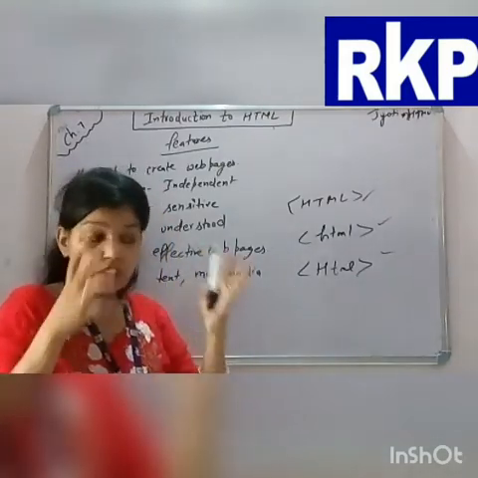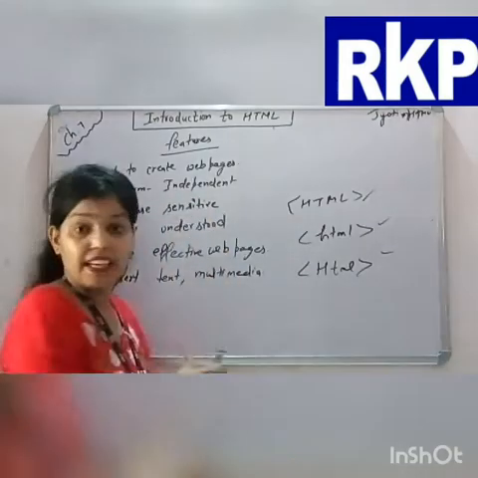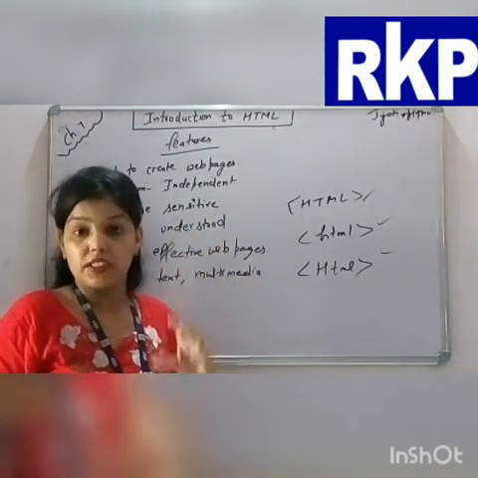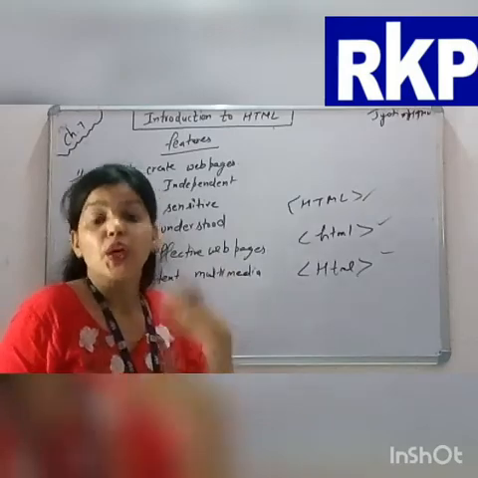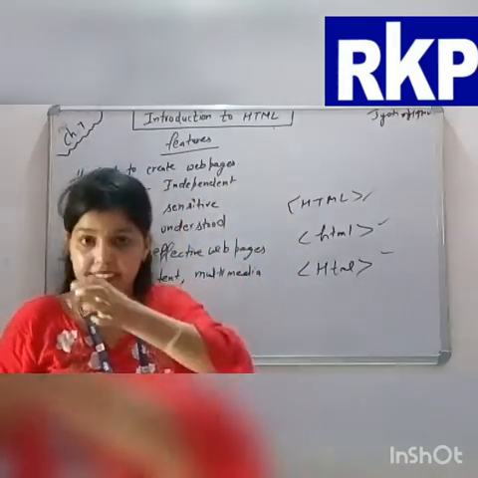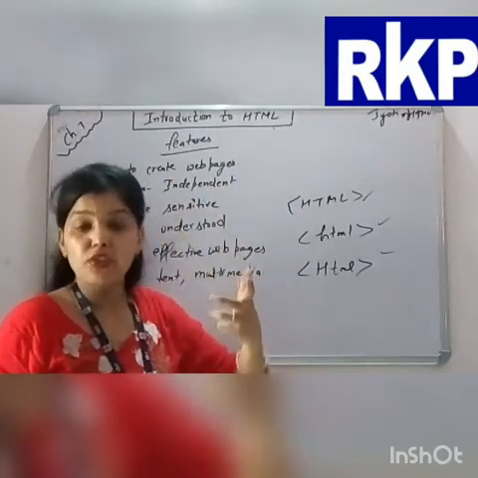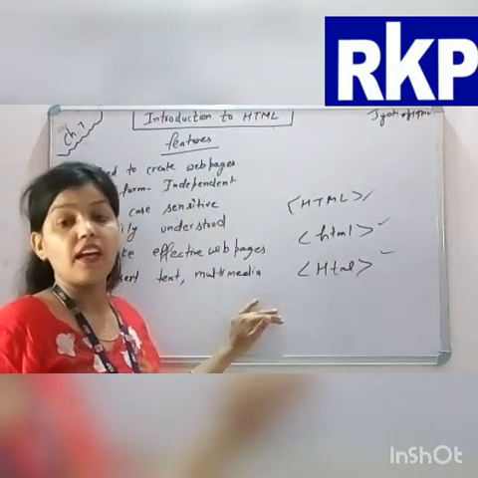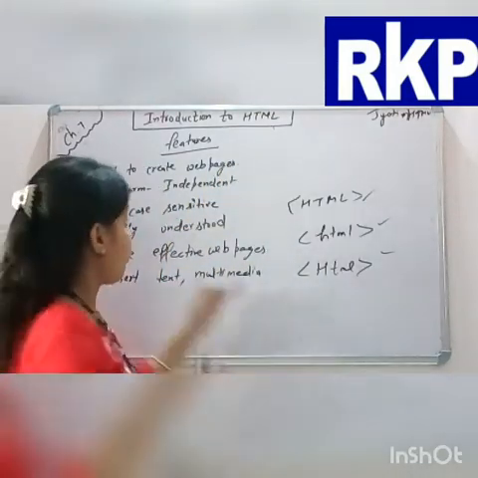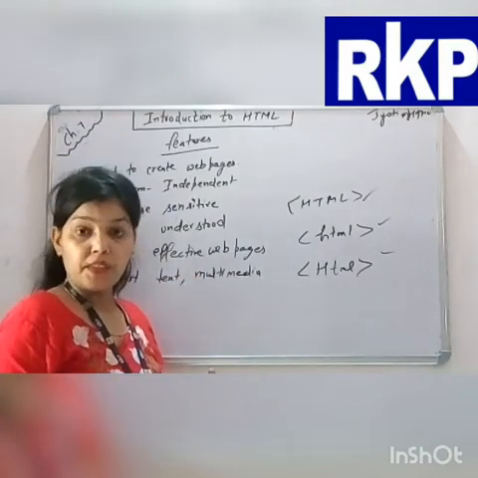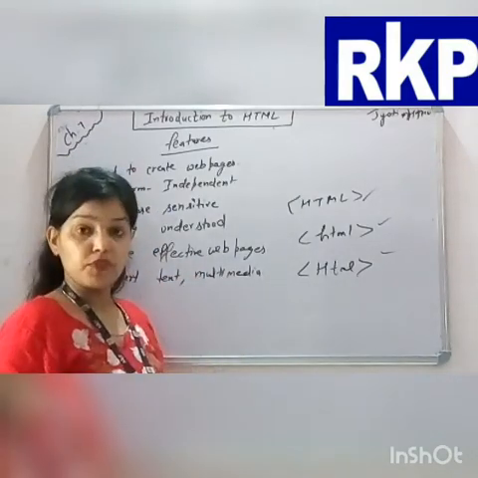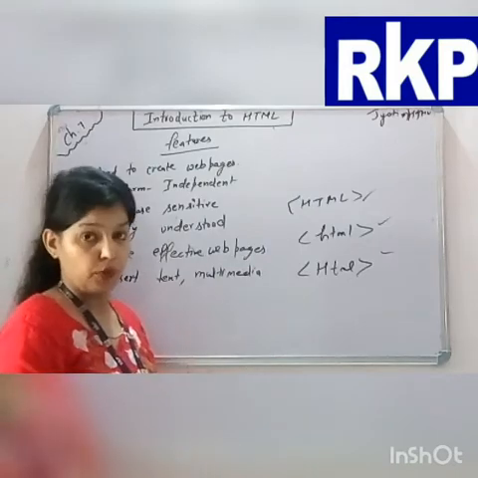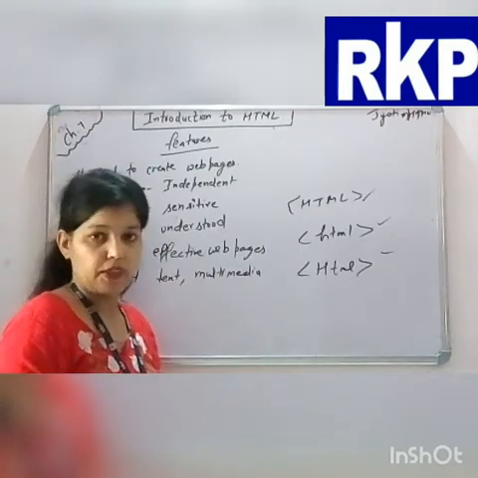It means on the web pages, by using HTML language, we can put pictures, audios, videos, moving text, links, colorful text. So these all are the features of HTML language. I hope all the features are clear. So read from your book. Features are given in your book on the first page of this chapter.